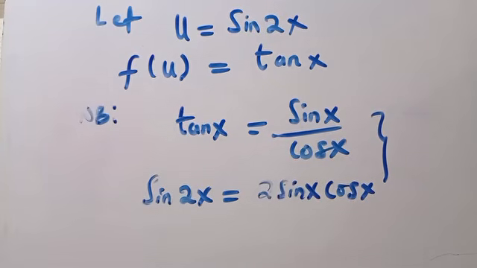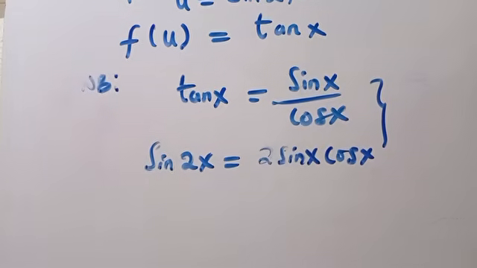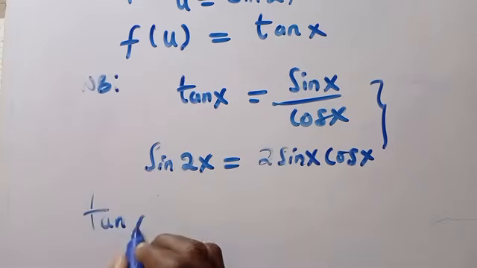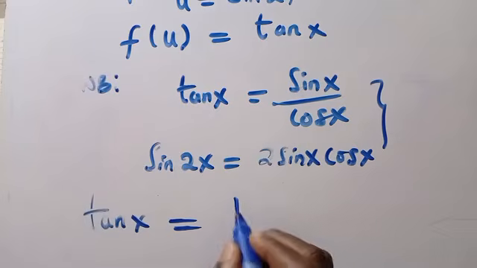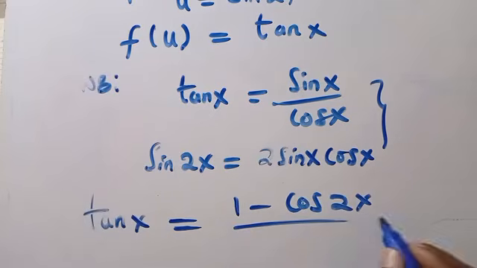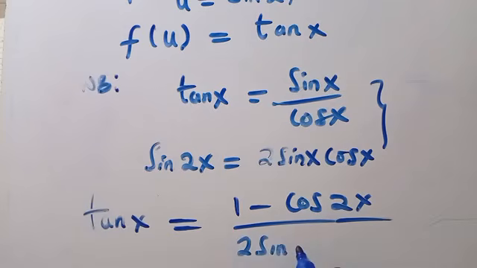And again, we have to show the relationship between tan and sine. Let's say we have tan x equals 1 minus cos 2x divided by 2 sine x cos x, or we can just say divided by sine 2x.